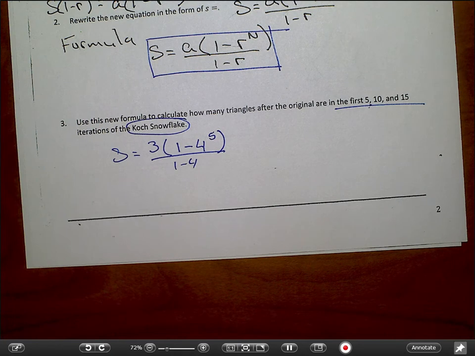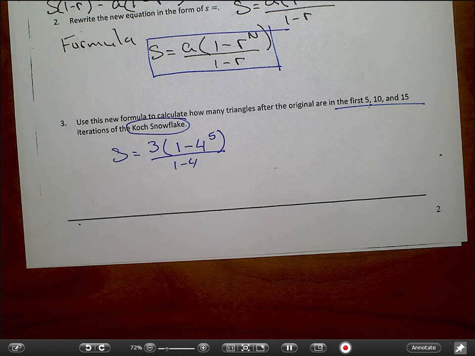All right, let's see. Jonathan, what'd you get for that first one? Yes, you're putting it in the calculator. Okay, but did you put it in the calculator? Not yet, right?